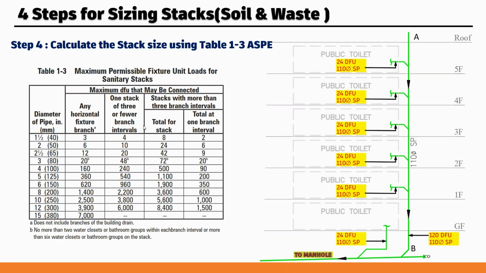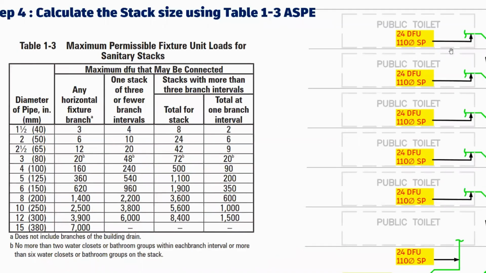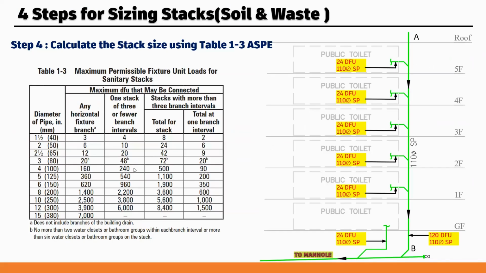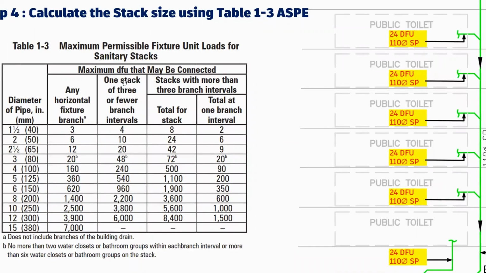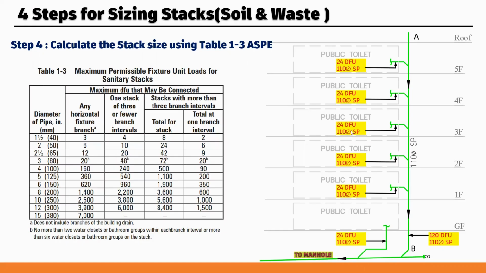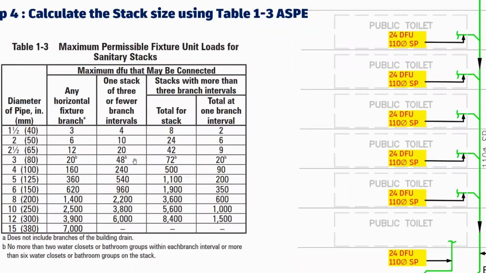Among the other columns, one is a stack of 3 or fewer branch intervals. That means if there were 3 branch intervals instead of 5, we would use this column to size this vertical pipe, if it were a two-story or a three-story building. We have to use this third column.